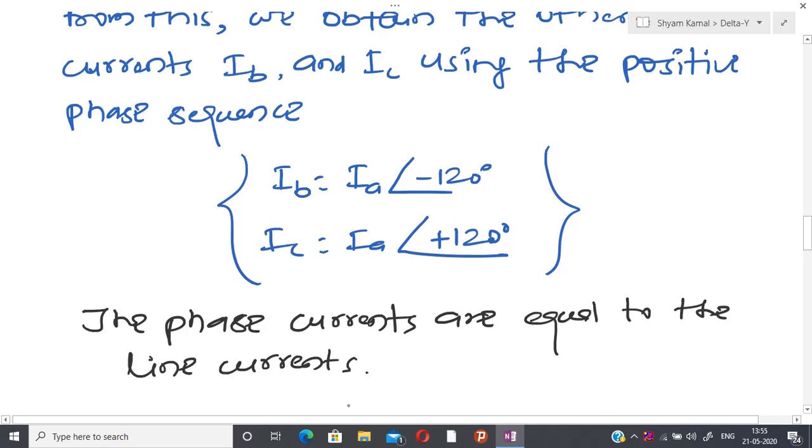So this is one of the ways to establish the relation between line voltage and phase voltages, and line current and phase current.